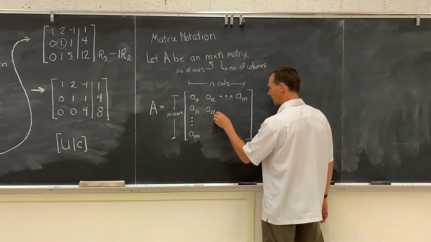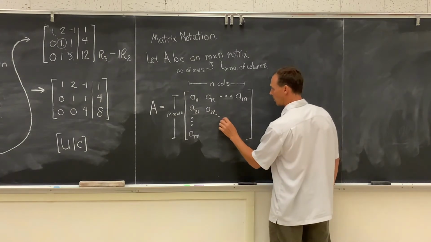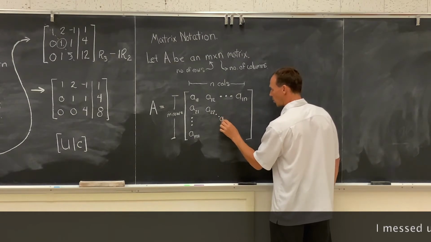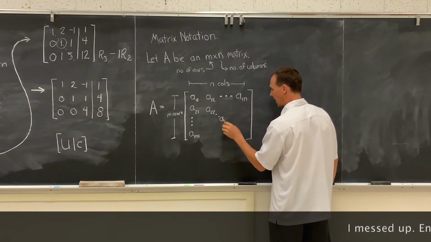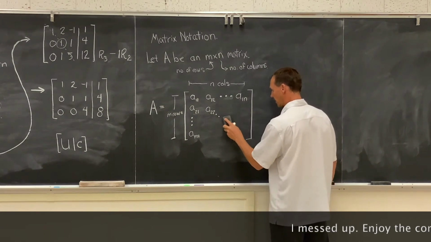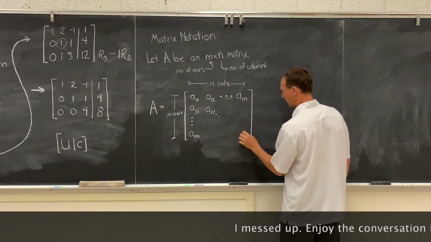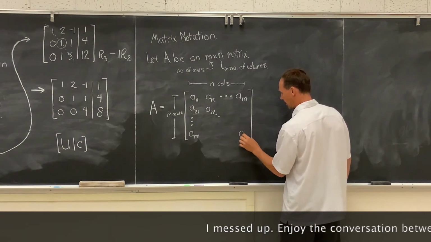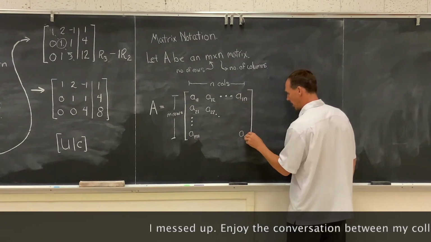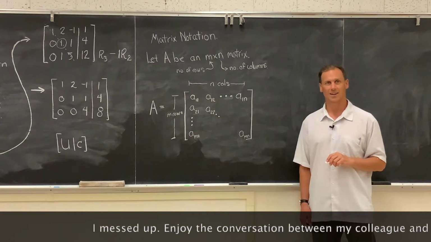It's kind of interesting, all of the entries along the diagonal are always the same row and same column number. If we come down along the diagonal, our last entry here is A, mth row, nth column. This is only square matrices.